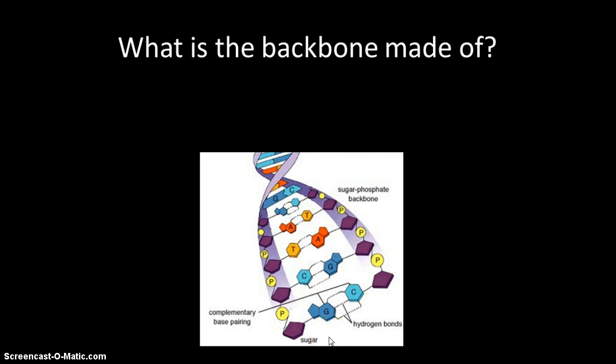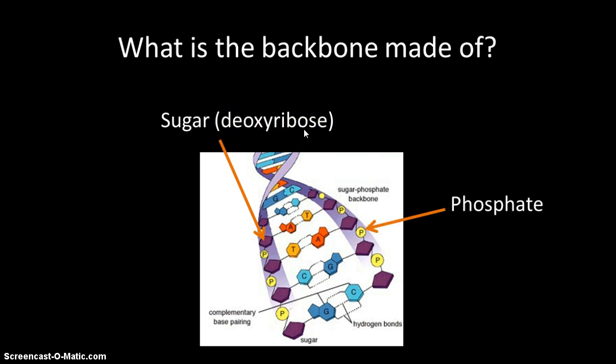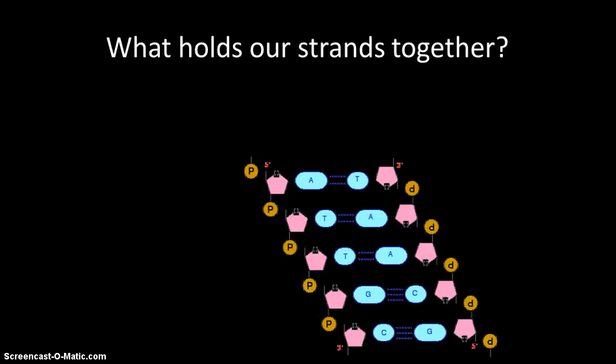You can draw this model in the second box if you'd like. You can see the sugar and phosphates alternating make up the backbone, and attached to the sugar are the different bases. Our sugar, once again, for DNA is deoxyribose. There's our sugar and our phosphate. They go back and forth, back and forth. It's really important you know that.